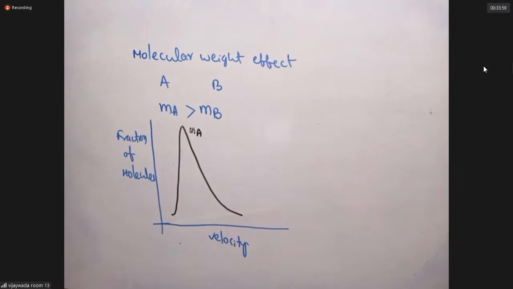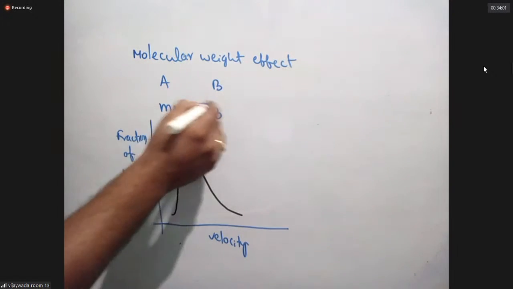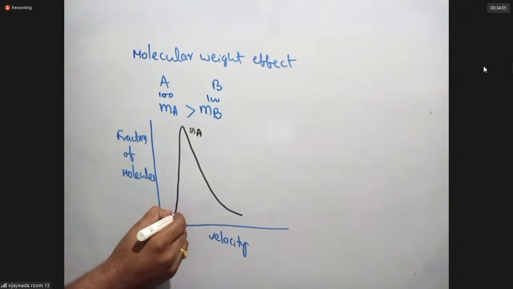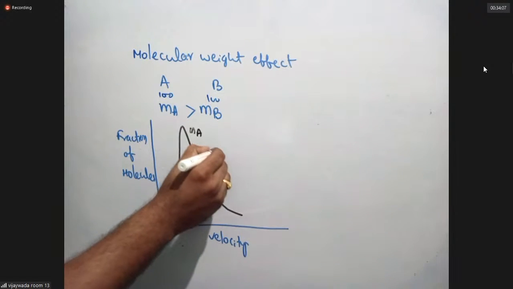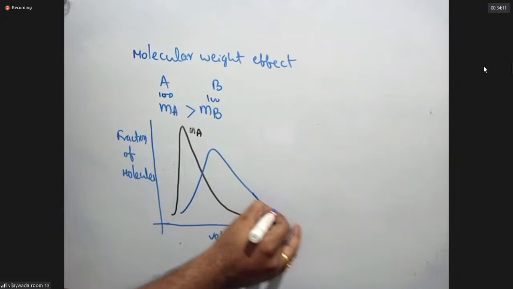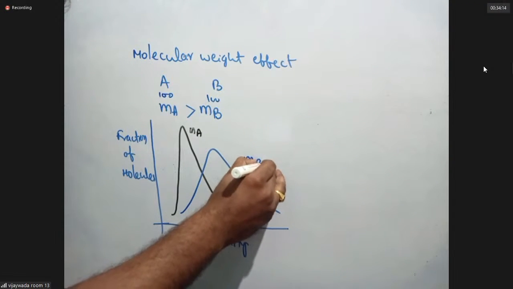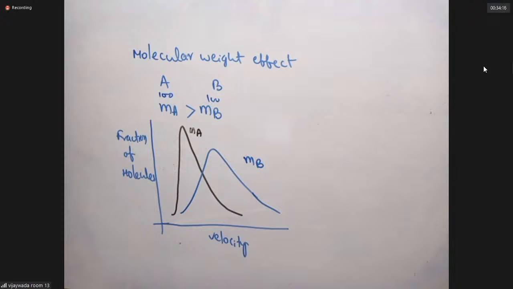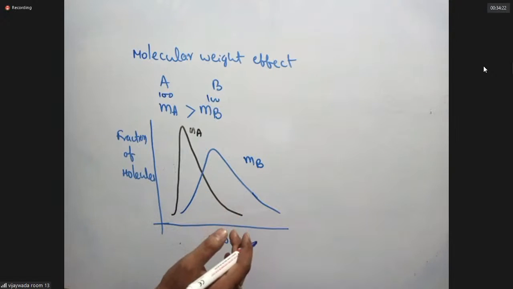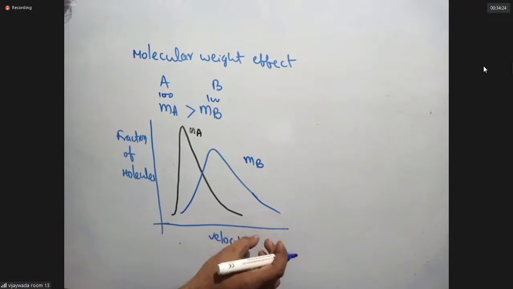And what about Mb? Let us consider the same molecules here, 100 molecules, here 100 molecules. This is for Mb, somewhat higher than A molecules, because mass is very low.